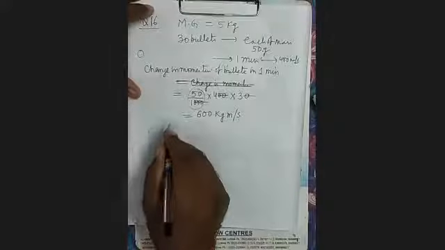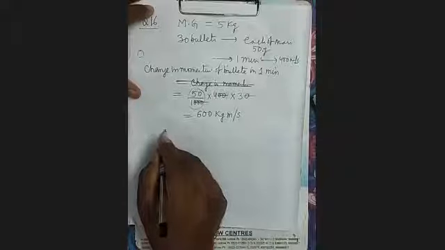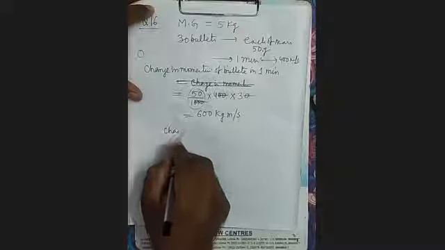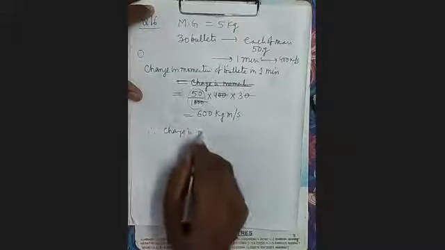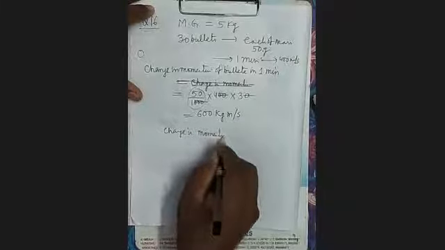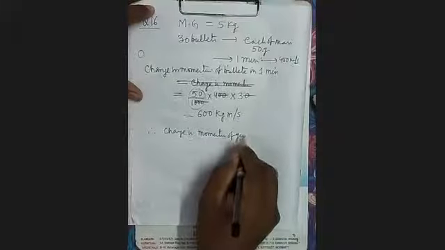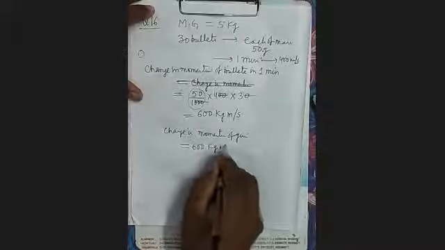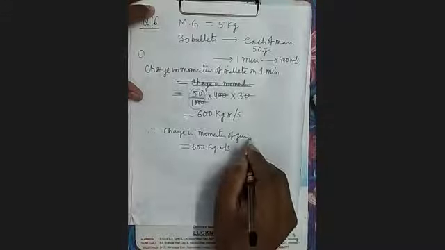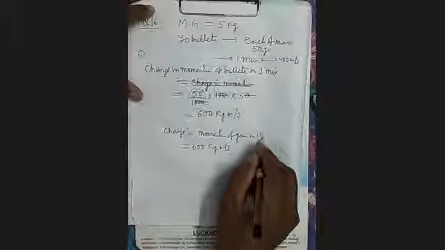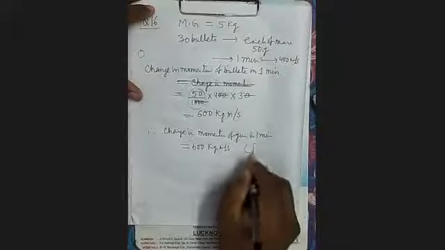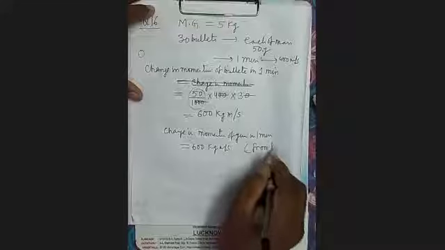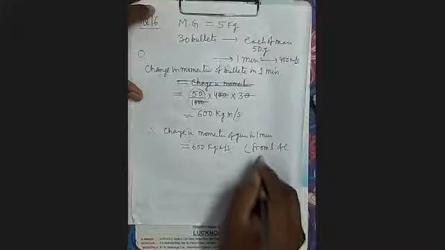Therefore, momentum acquired by the gun, change in momentum of gun, will be equal to 600 kg meter per second in 1 minute. This is from law of conservation of momentum.